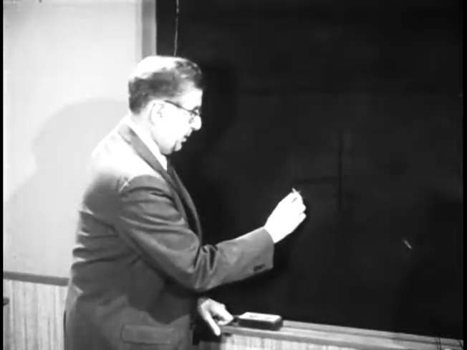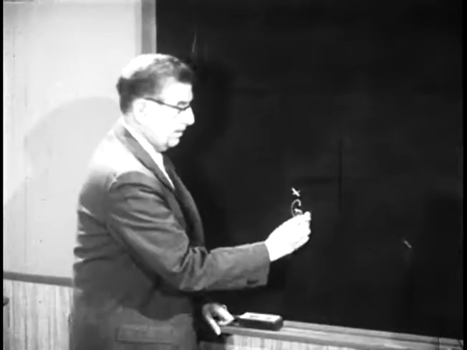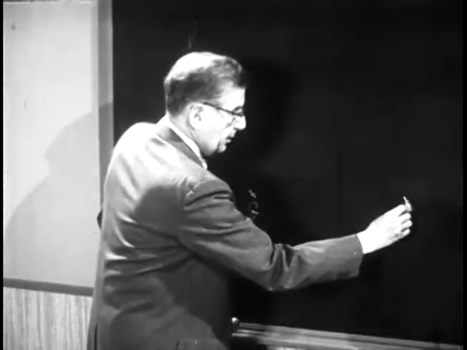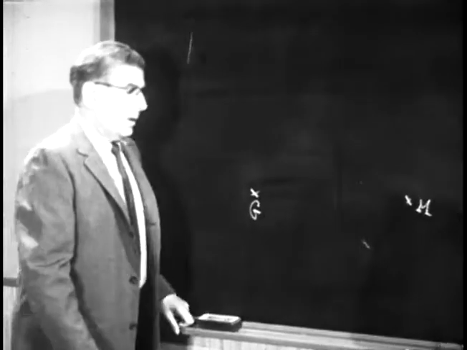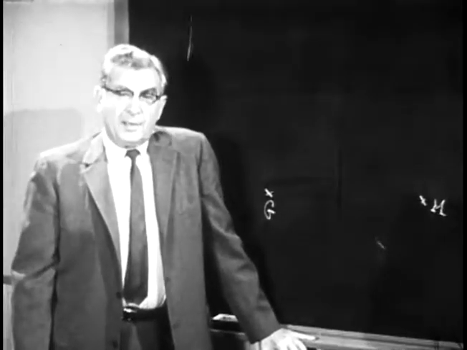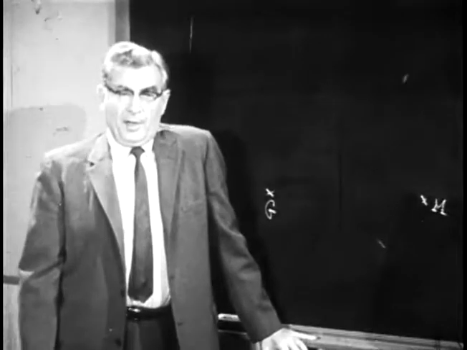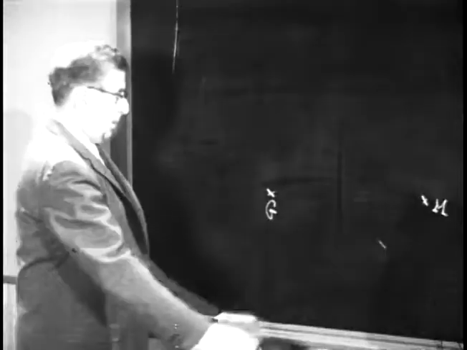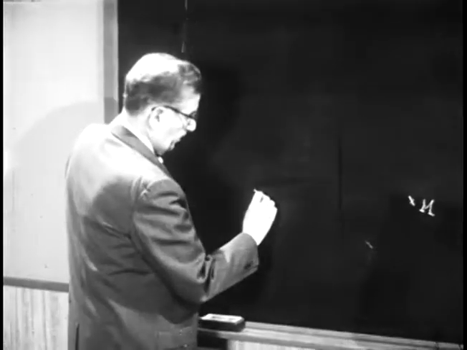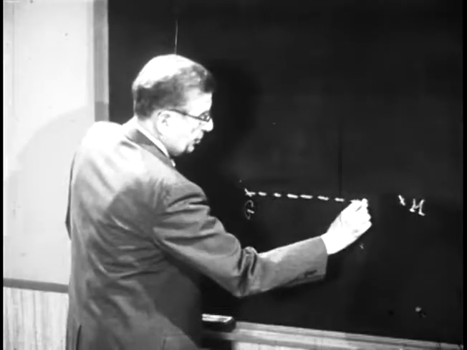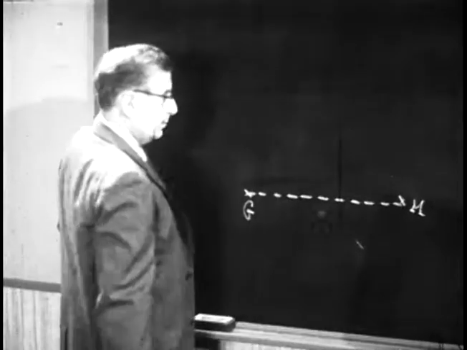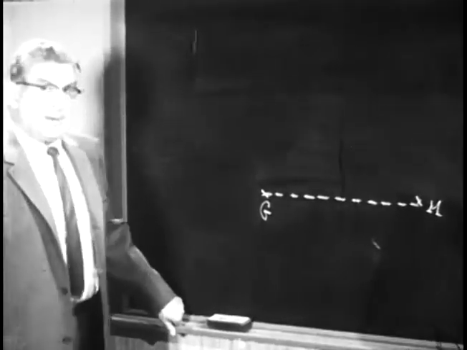Suppose this represents the position of the gun, and this, the position of the monkey. For a minute, let's imagine that the force of gravity does not act. Then you know very well how you should aim to hit the monkey. You aim horizontally, right at the monkey. The bullet travels in this straight line, and you hit the monkey.